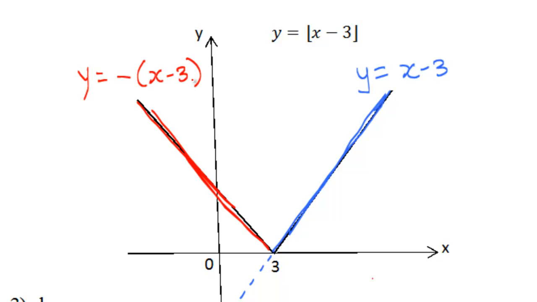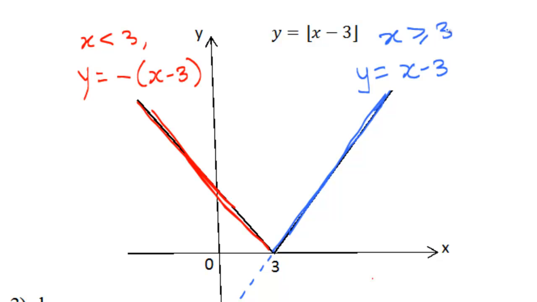So for the red portion, because it's the reflected portion, the equation is y equals negative of x minus 3. So we know that when x is less than 3, y is equal to negative of x minus 3. But for x more than or equal to 3, y equals x minus 3.